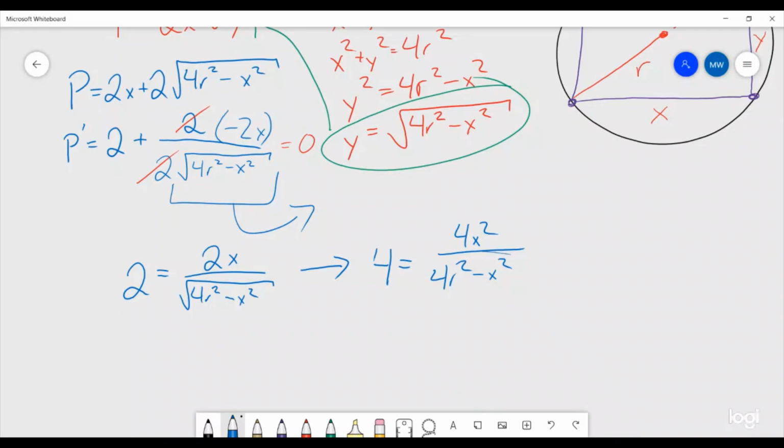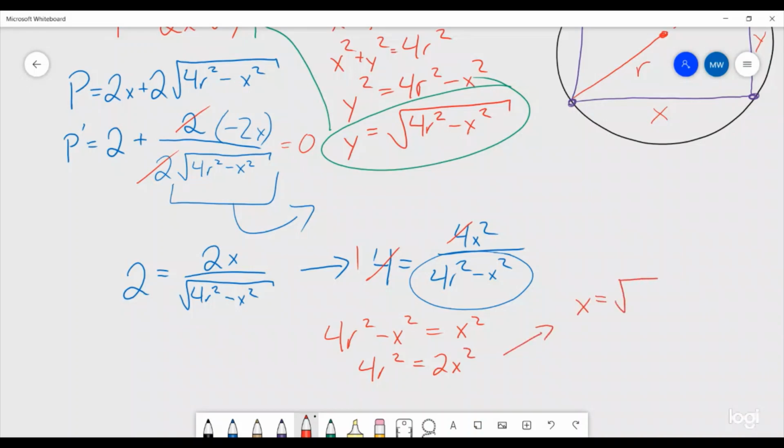We could multiply this over to the other side and divide both sides by 4 first. So we are left with 4r squared minus x squared has to be equal to x squared. So 4r squared equals 2x squared. Means that x is equal to the square root of 2 times r.